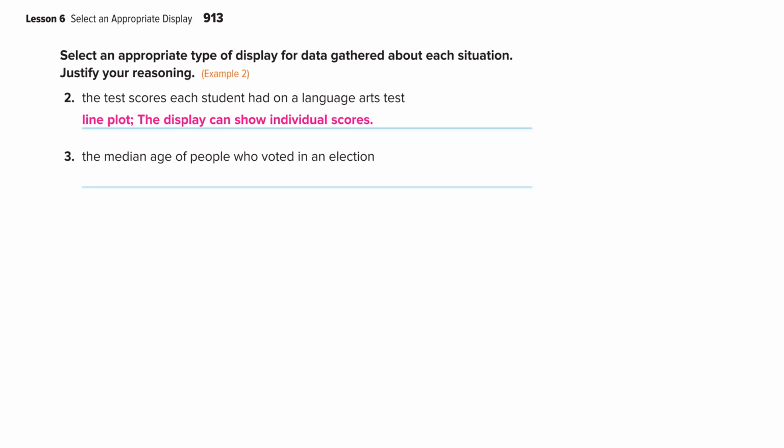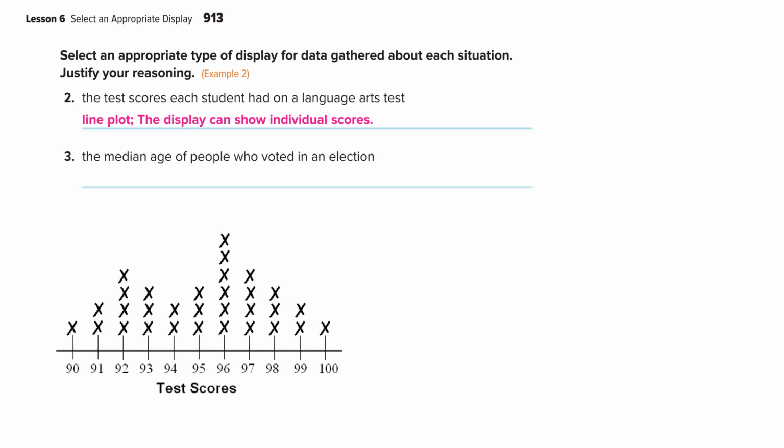The display can show individual scores. A line plot is a good graph to show the scores on a test because each test score is shown. For example, here we have a class. They all did very well. They all had 90s and above, but each and every score is represented.